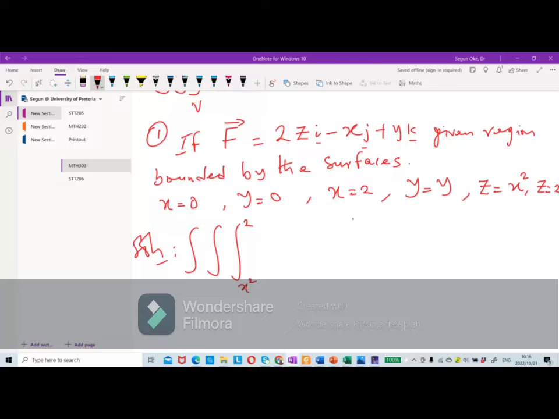We have x equals 0 and x equals 2. What I'm saying is the first time we are integrating the z, the second time we are integrating the x, while the third time we are integrating the y.